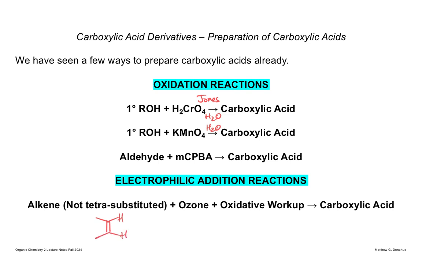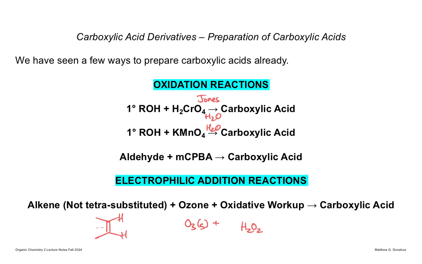One reaction from last semester. If you have an alkene, as a restriction, at least one of the sp2 hybridized carbons has to have hydrogen. So a fully tetrasubstituted alkene won't do this. An alkene plus ozone gas, and then an oxidative workup, like hydrogen peroxide, will do an ozonolytic cleavage of the double bond.